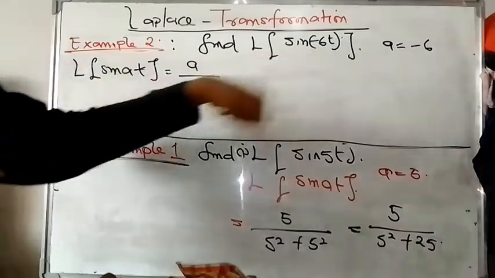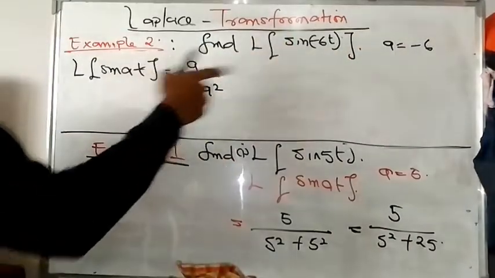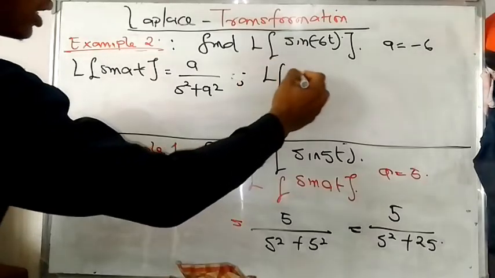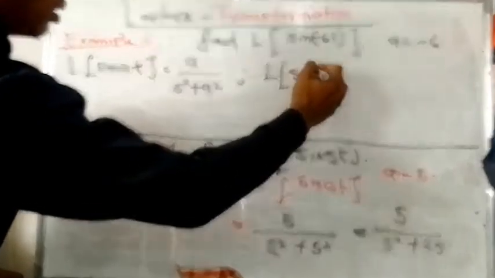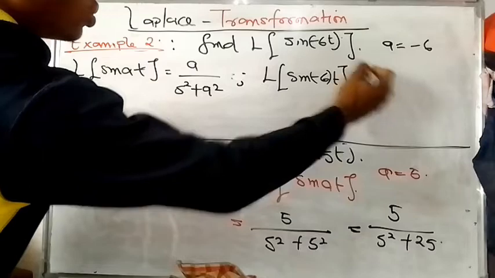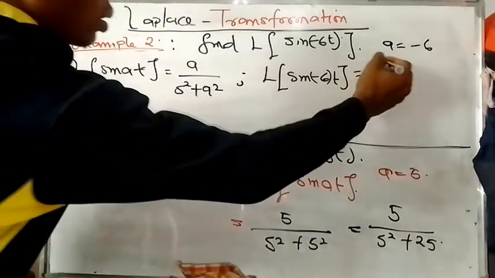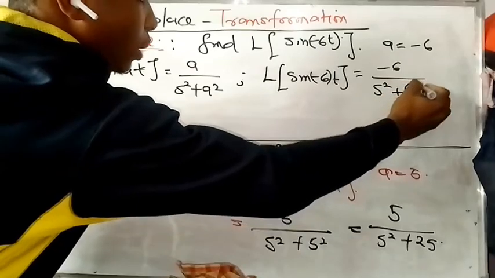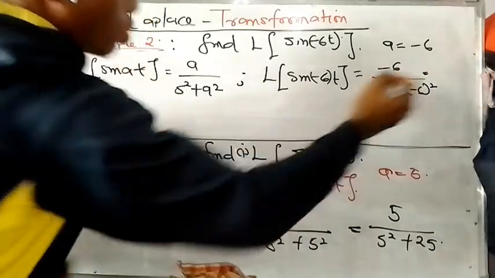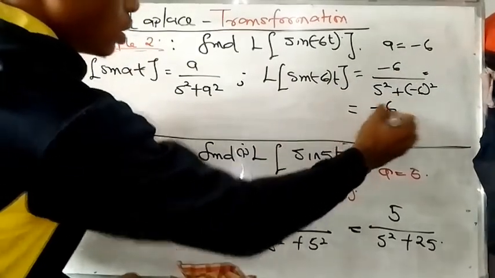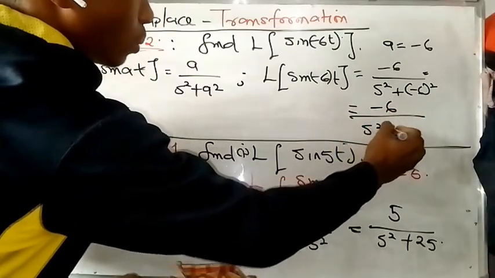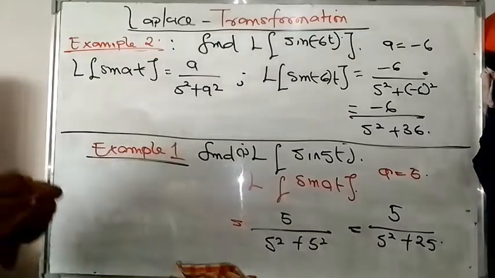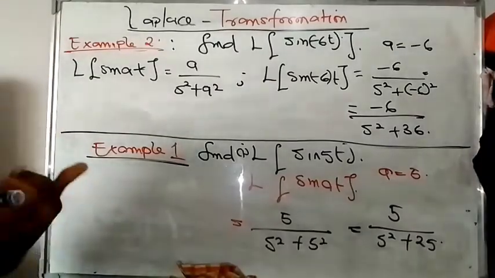Comparing this with this, my a is minus 6. So substituting a for minus 6, the Laplace of sine minus 6t is equal to minus 6 divided by s squared plus minus 6 squared, which is equal to minus 6 divided by s squared plus 36.